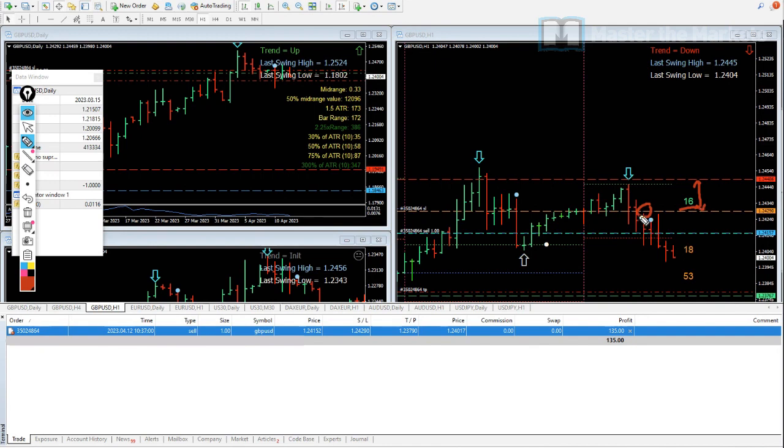And at the moment, from the open to the low is 18. So overall, it has done a range of 34 pips at the moment.